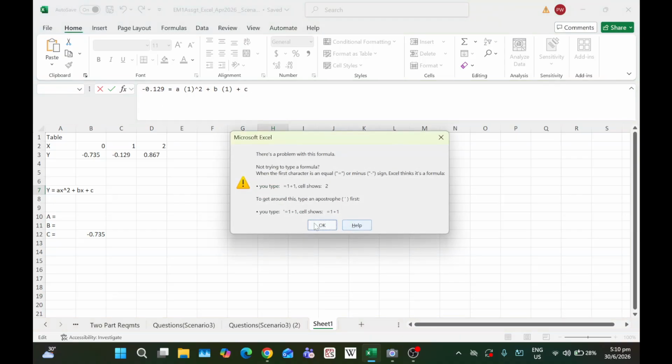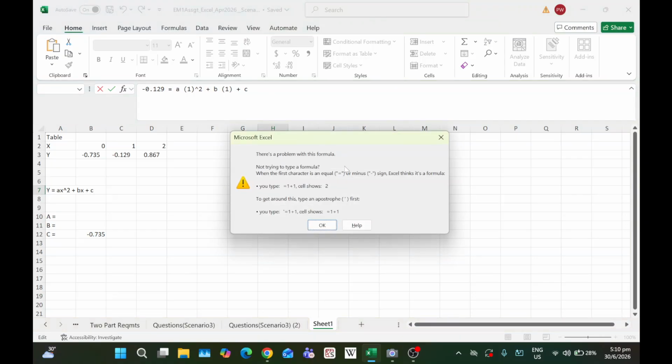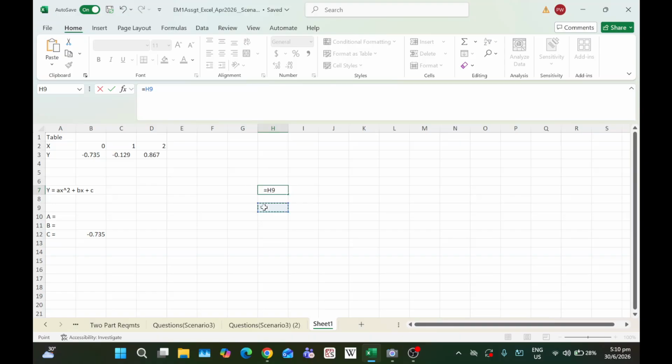This can simplify into negative 0.129 equals A plus B minus 0.735.